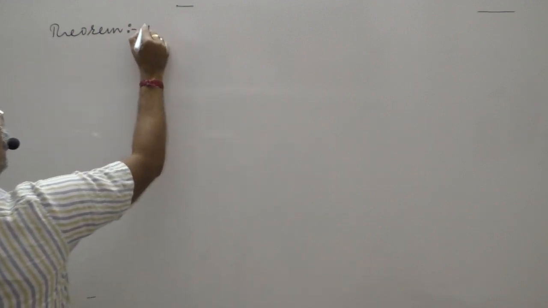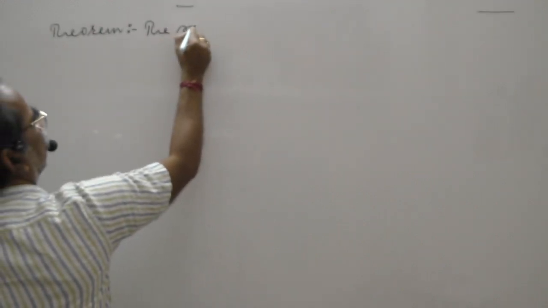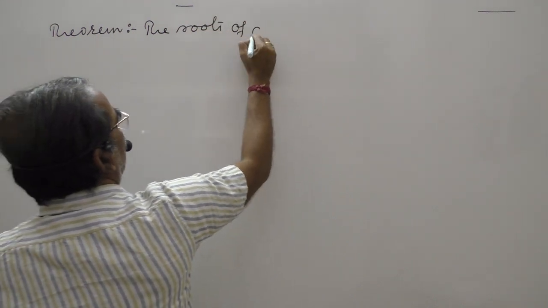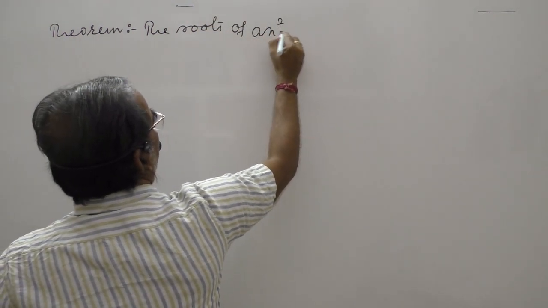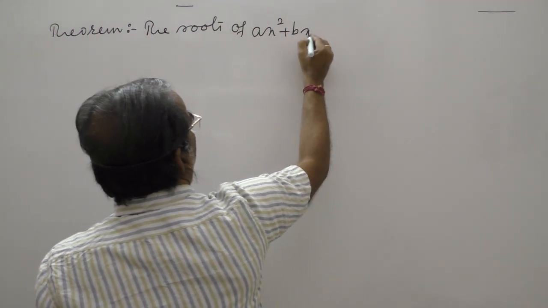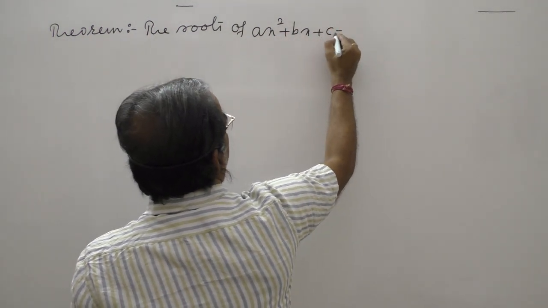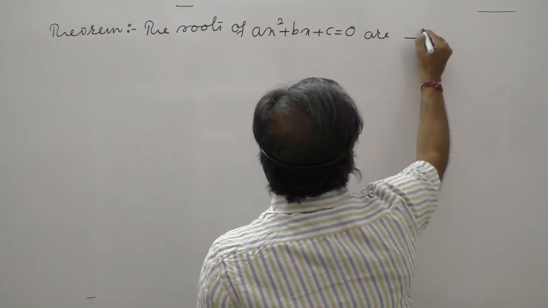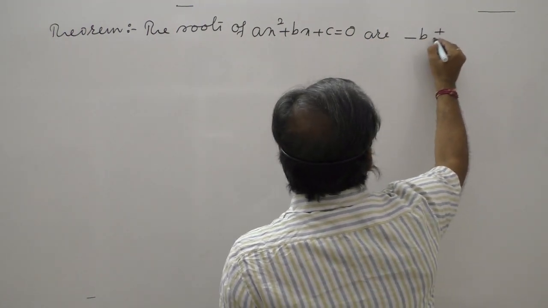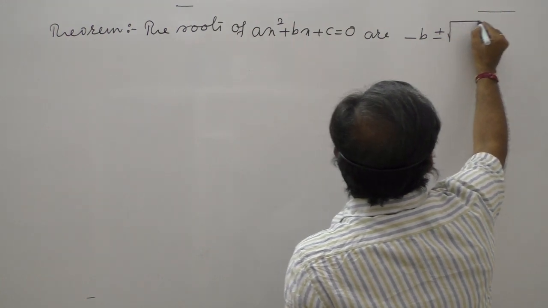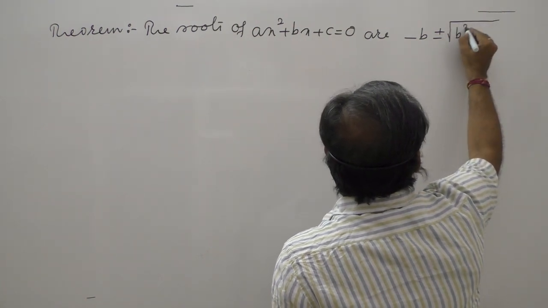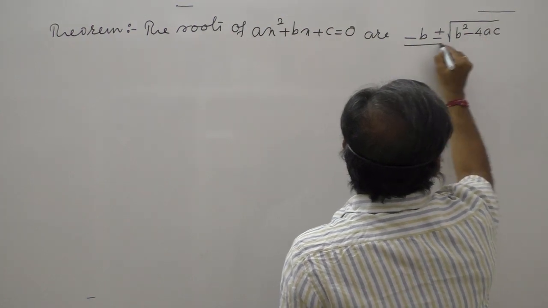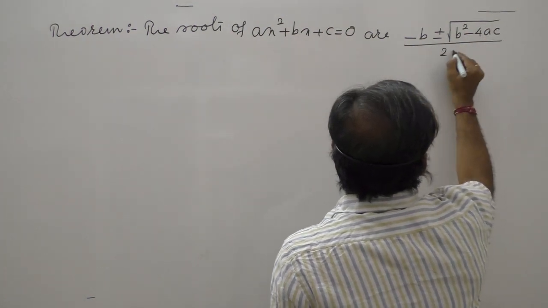Please see. The roots of the quadratic equation ax square plus bx plus c is equal to 0 are minus b plus or minus root over b square minus 4ac, whole divided by 2a.